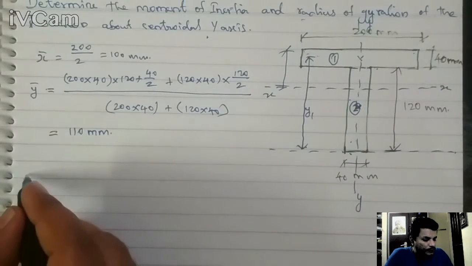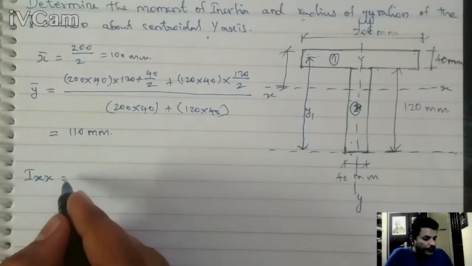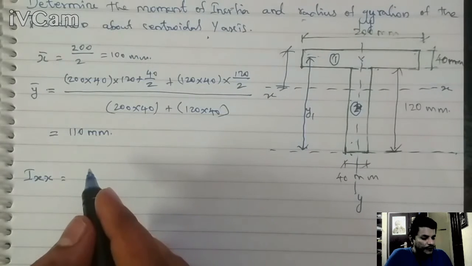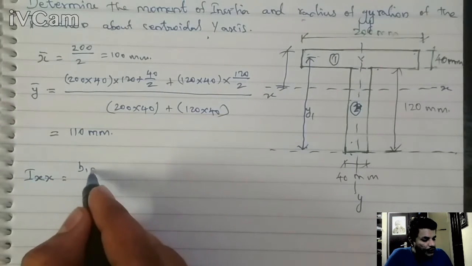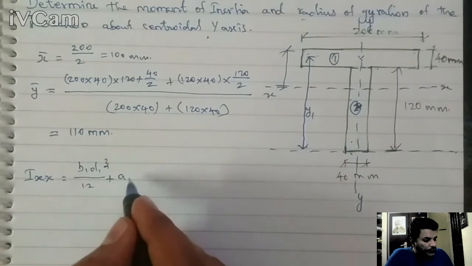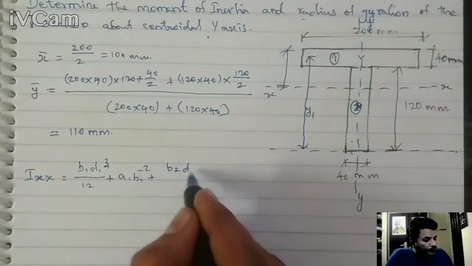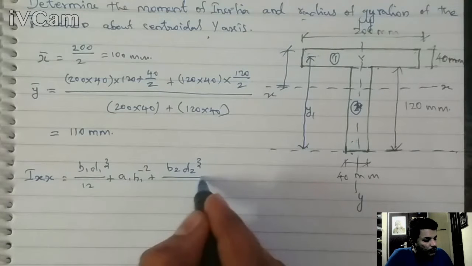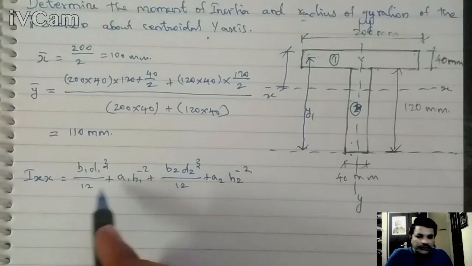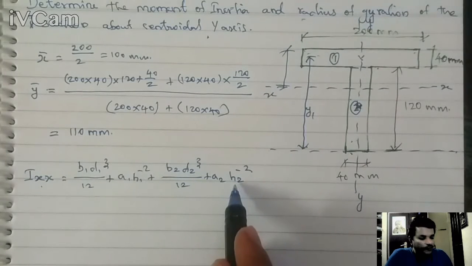So Ixx is equal to, I will directly write the formula because in the previous problem I clearly explained: B1 D1 cube divided by 12 plus A1 H1 bar square plus B2 D2 cube divided by 12 plus A2 H2 bar square. As you know, H1 bar is the y bar minus y1 for Ixx, and H2 bar is the y bar minus y2 for Ixx.